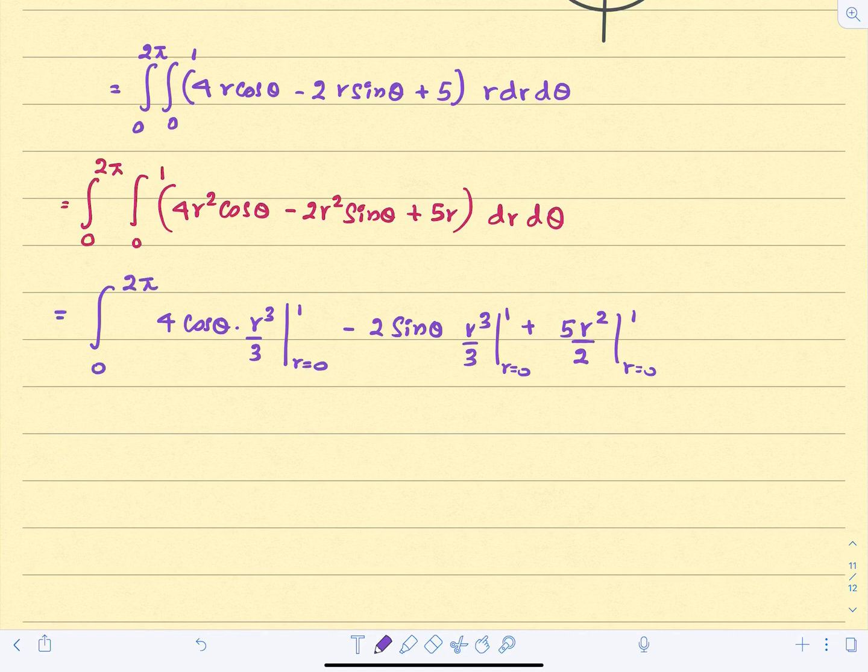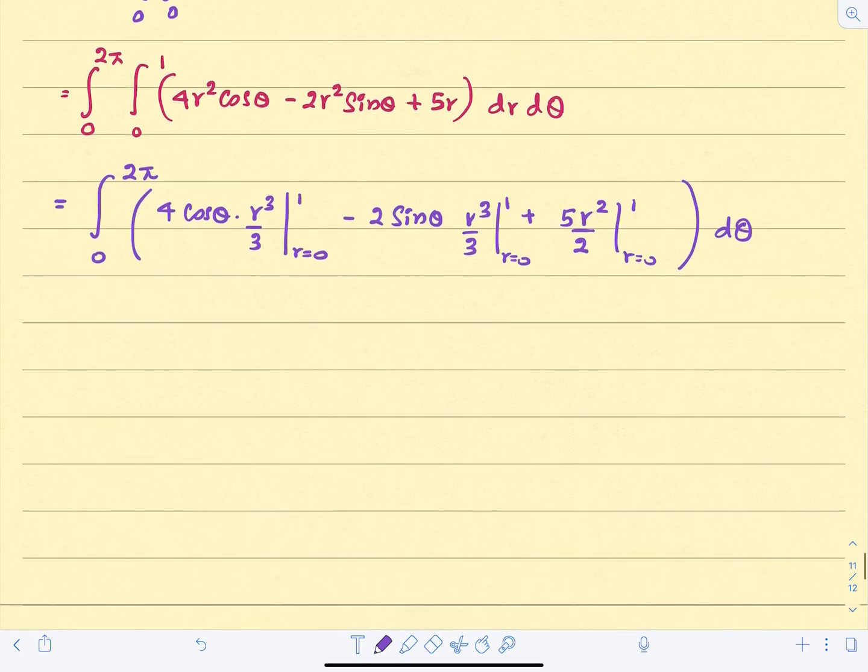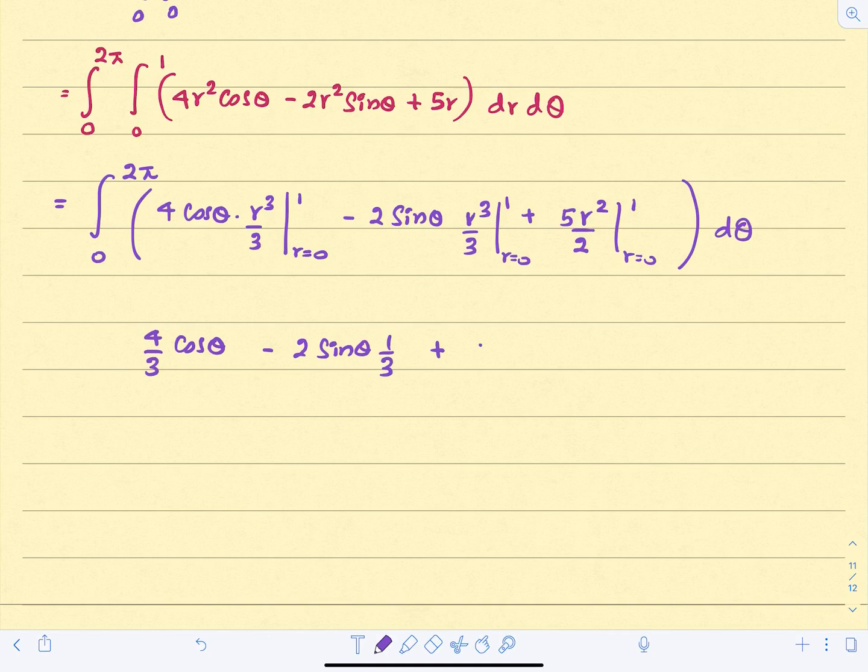Next we want to integrate this result with respect to the theta variable. So before we do that, let's apply the upper limit and the lower limit. If you apply the upper limit, you will get 4 over 3 cosine theta. The lower limit will give you 0, so there is no contribution from the lower limit. d theta, 0 to 2 pi.